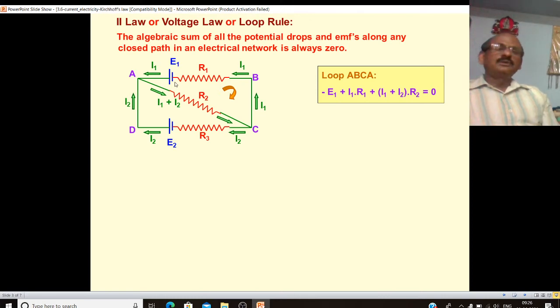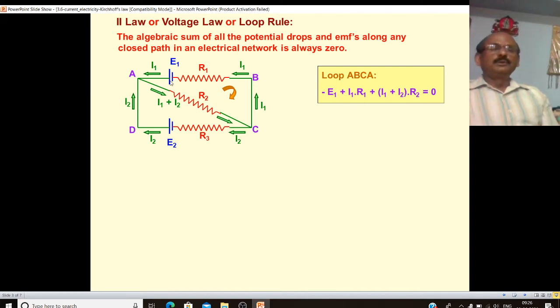Through a resistor, if we travel opposite to the current, because current flows from high potential to low potential, it is positive, and in the direction of current, negative. Once again, I am reminding you, the sign convention is purely based on us.